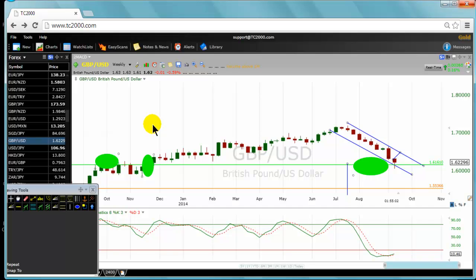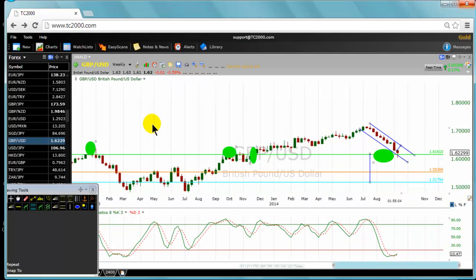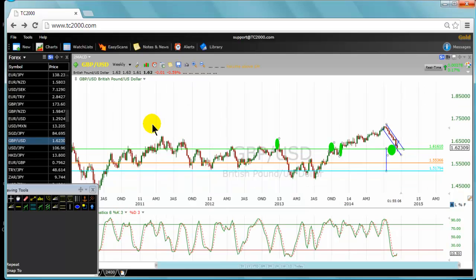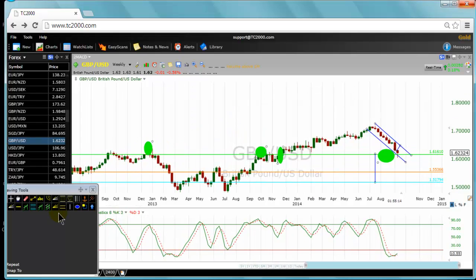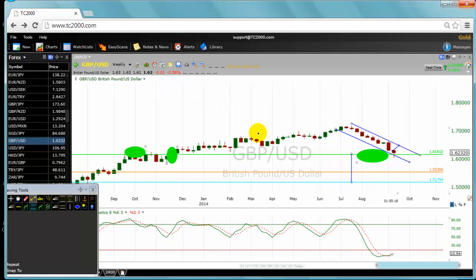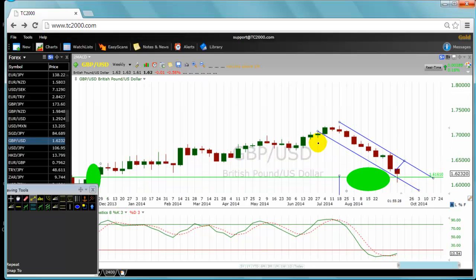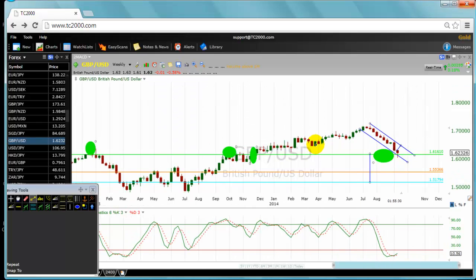Another thing I need to mention to traders here is that the level of 161.61 is a cycle point. If on the 18th of September 2014, Scotland votes yes to become independent, there is a high chance that the price will gap down big time.